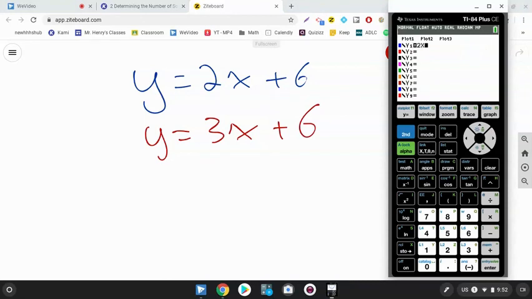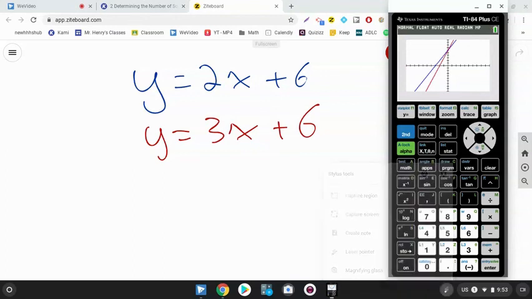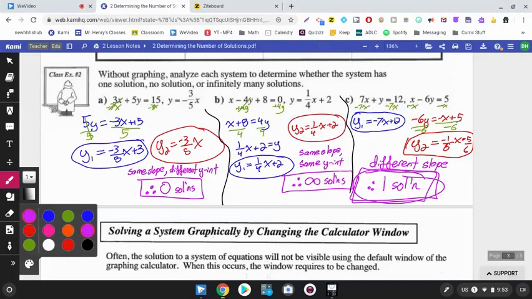All I care about is the slopes. As I go to my graph here, the y-intercept is my point in common. The slopes were different, so I know they're angled differently. As soon as the slopes are different, it's okay for these to be equal. That just means that's where my common point happens. So once you notice the slopes are different, forget about it. It's one solution. You don't need to worry.